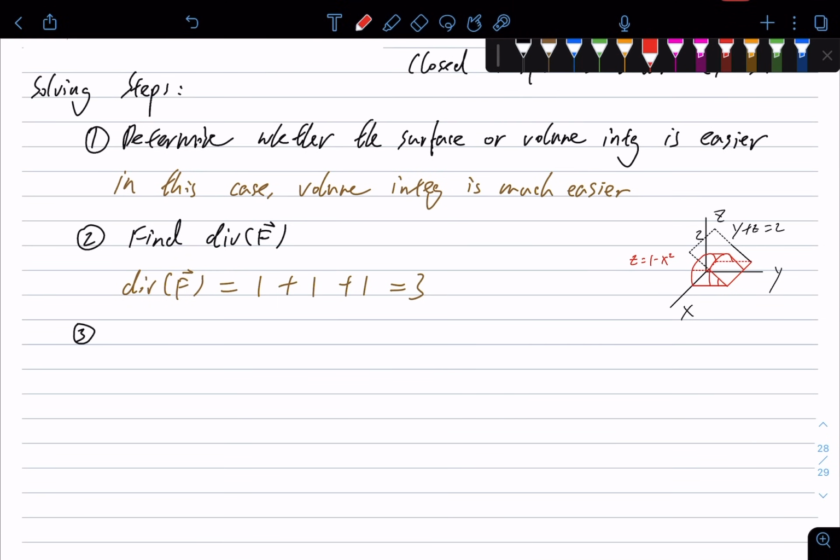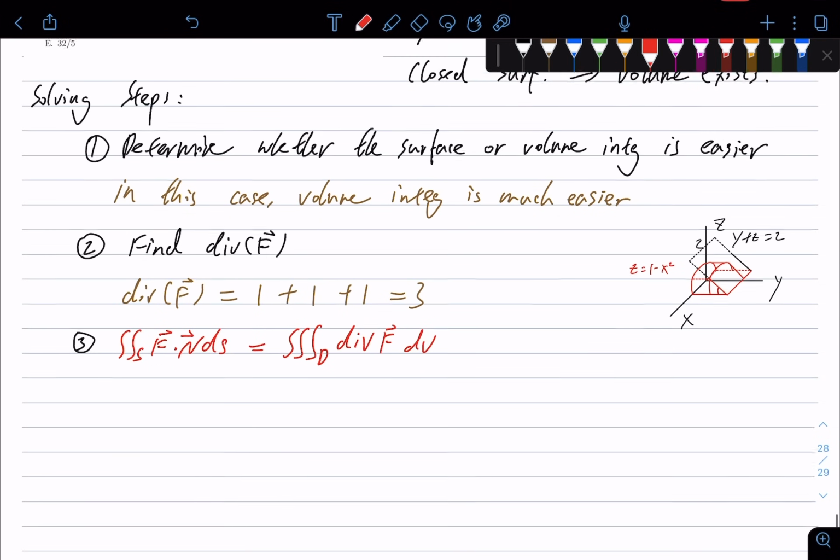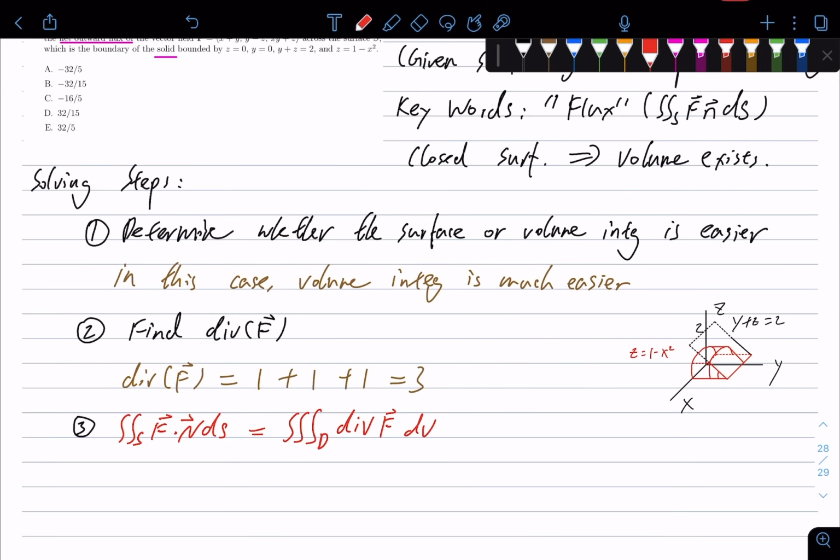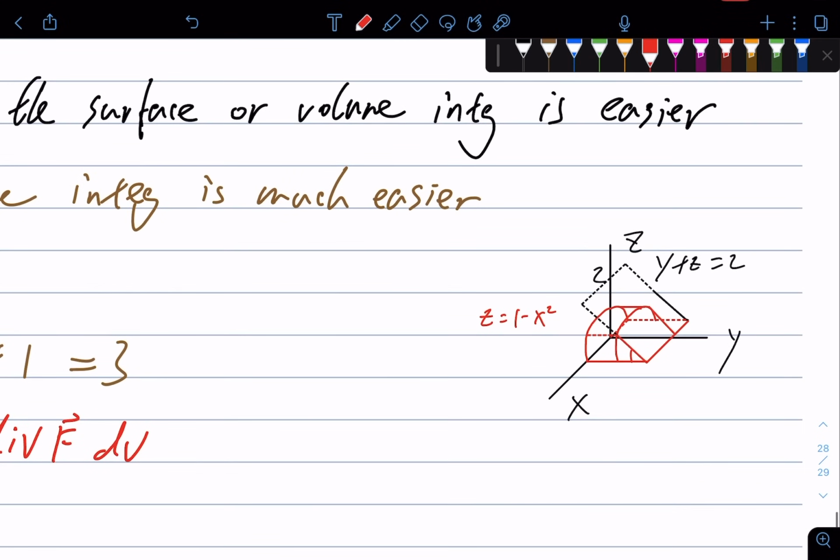So the surface integral of F dot n dS equals the triple integral over the region D of the divergence of F dV. Okay, so this is actually the hardest part of the problem, how you set up this triple integral to solve your volumetric integral problem. Okay, so let's take a look at this region.